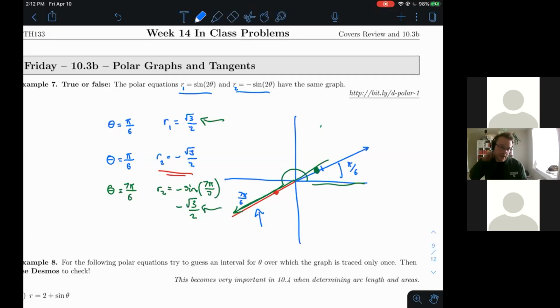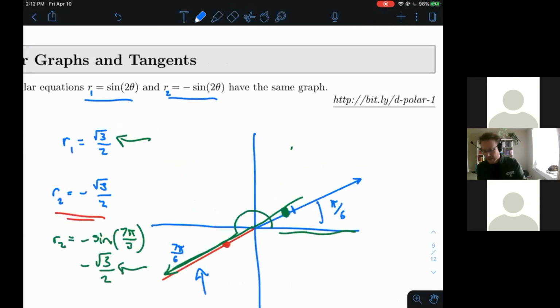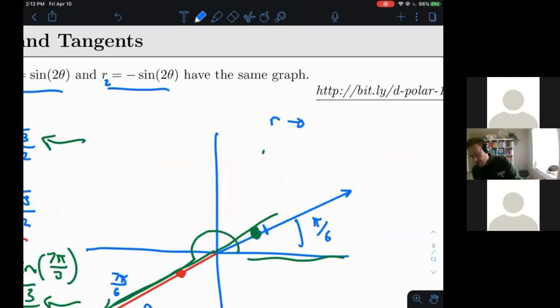So going backwards means that instead of going in the positive radius direction, I'm going to go in the opposite. So I'm going to basically change my r to negative r in order to indicate that I'm moving backwards. And then I'm going to change theta to 180 degrees plus my original theta to account for that I'm looking in the opposite direction, right?